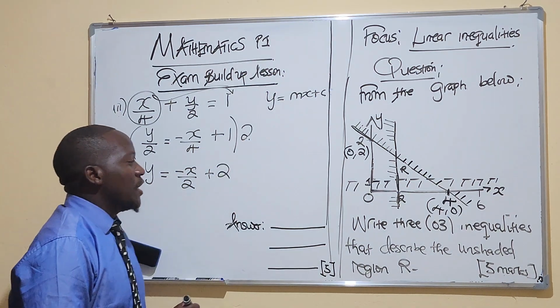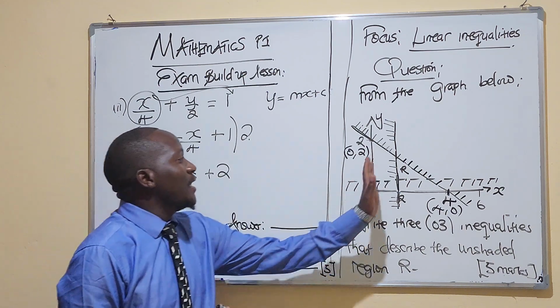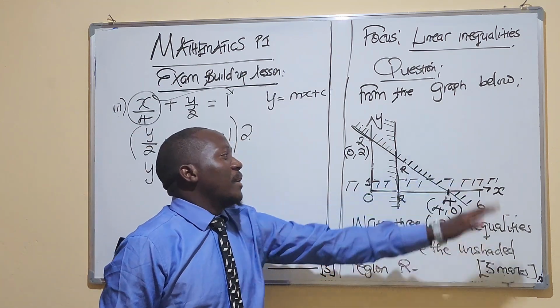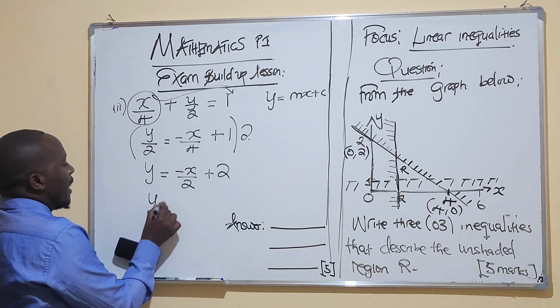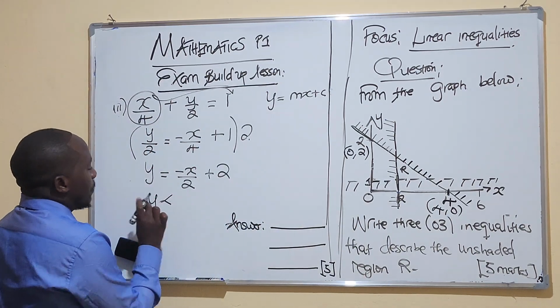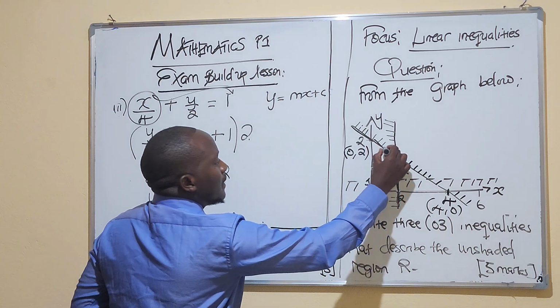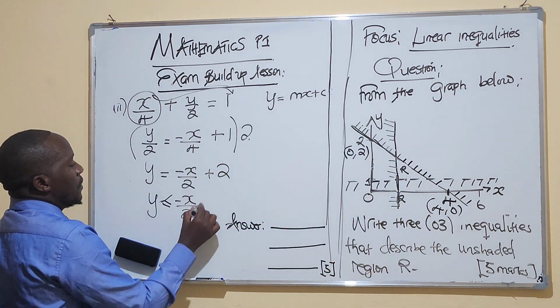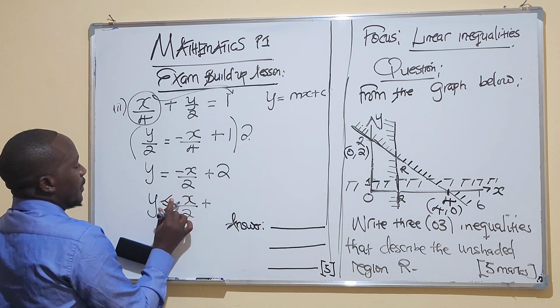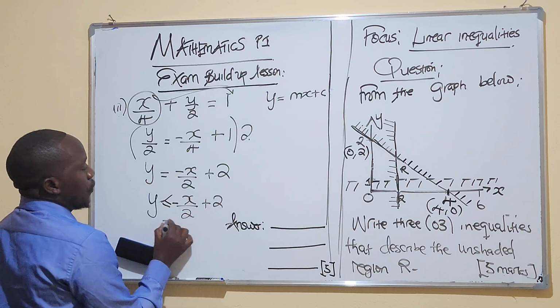Having reached this stage, we look at the side they've shaded, which is upwards, implying our inequality is downwards. So here we say y, and then less than. After putting less than, we see that this is solid, which means equal to, negative x over 2, and then plus 2.